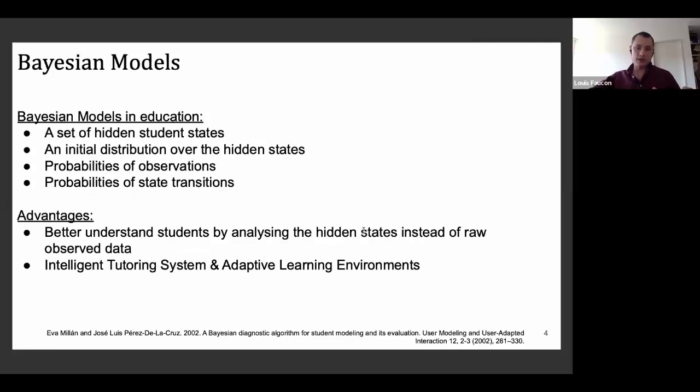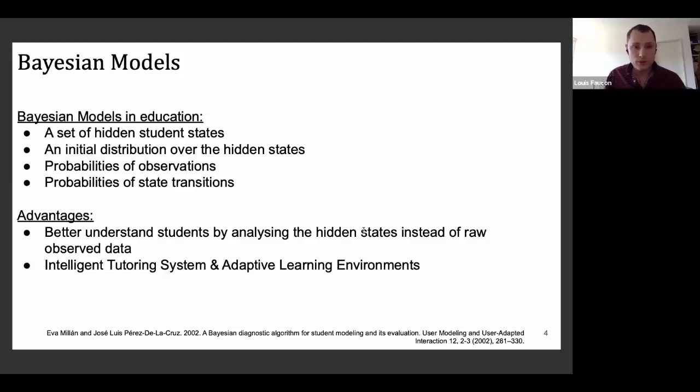One way to solve these limitations is to use an intelligent tutoring system or adaptive learning environment that would automate the work that the teacher needs to do, such as creating examples and adapting explanations to different students.